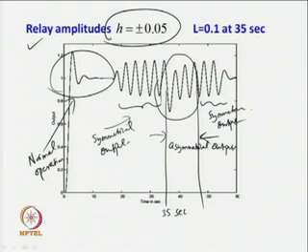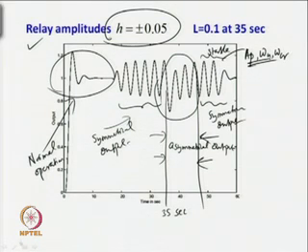Now, please do not make measurements during this period of the output. When the measurements are taken and the limit cycle is stable, then we get the correct parameters of the limit cycle output, and those parameters are nothing but the peak amplitudes and the ultimate frequency or critical frequency omega u or omega cr.